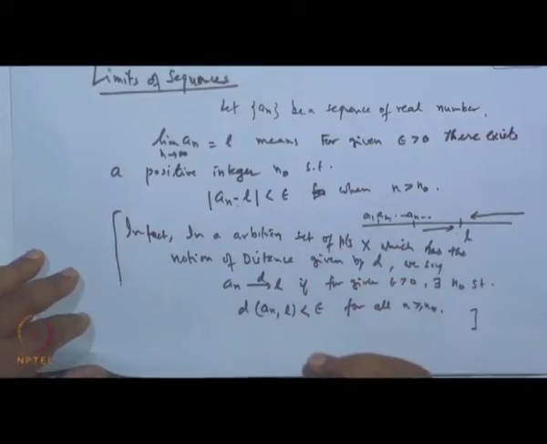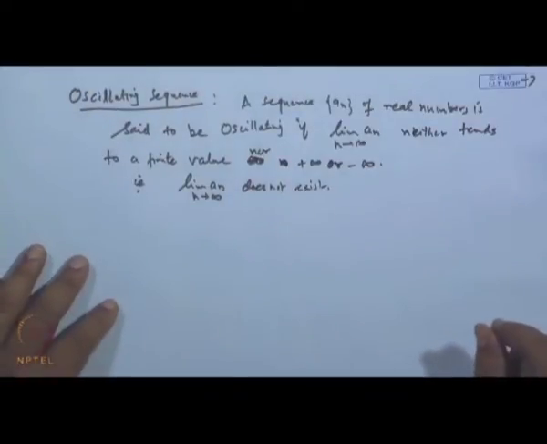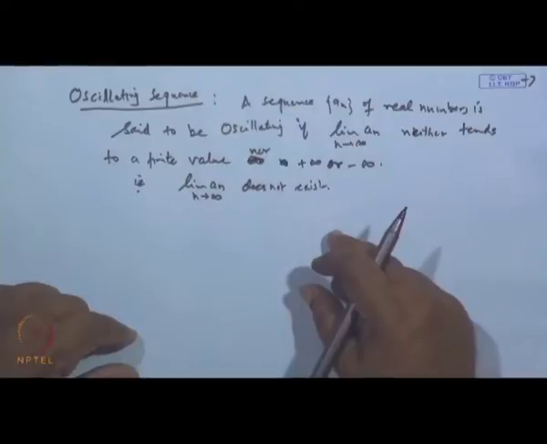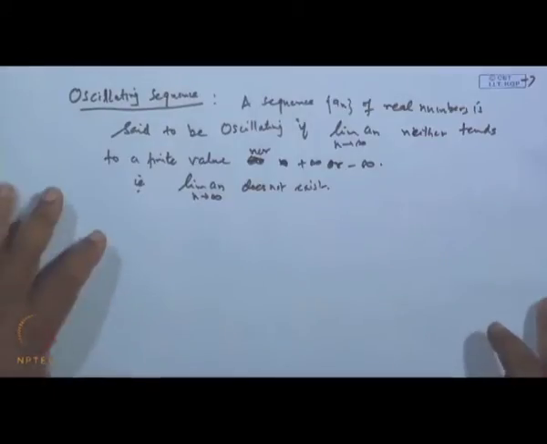There should not be fluctuation. But if such a sequence is there where this difference cannot be made smaller, sometimes it is small, sometimes it becomes very large, then the limit does not exist, or if along different subsequences it has different values, then the limit does not exist.